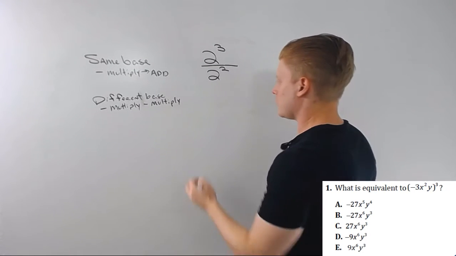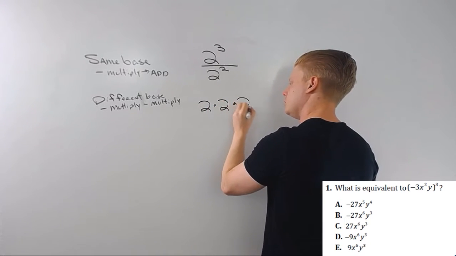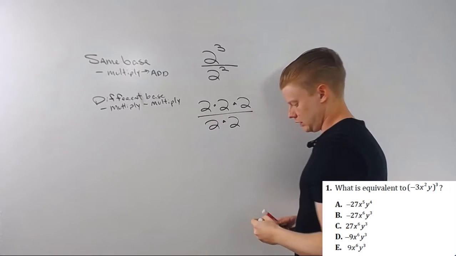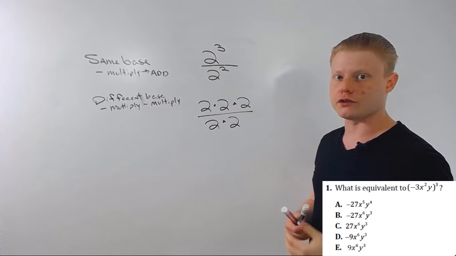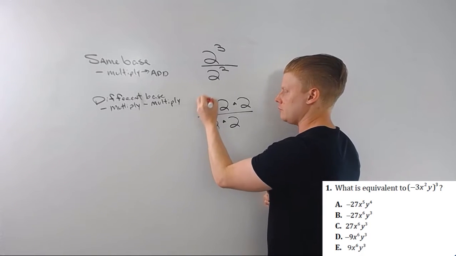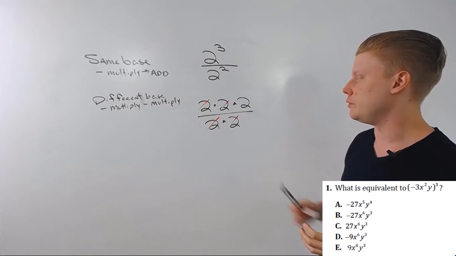I can also look at it this way: 2 times 2 times 2 over 2 times 2. Remember, fractions, common factors. Factors are things that are multiplied and only multiplied. I'm left with 2. So it would be 2 to the first.